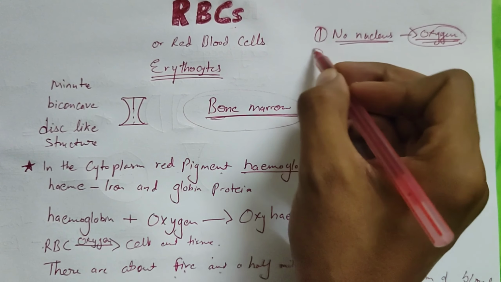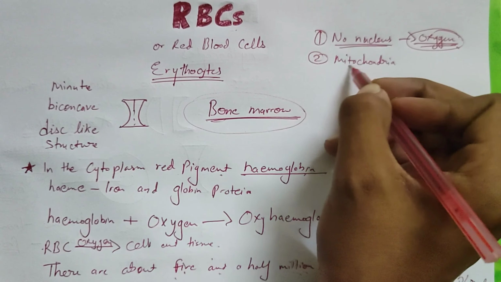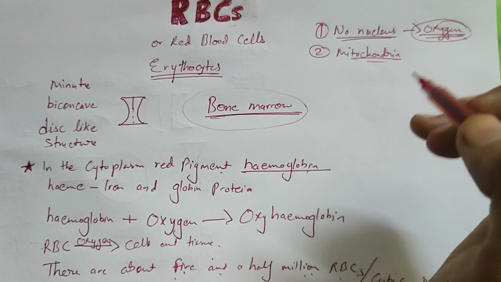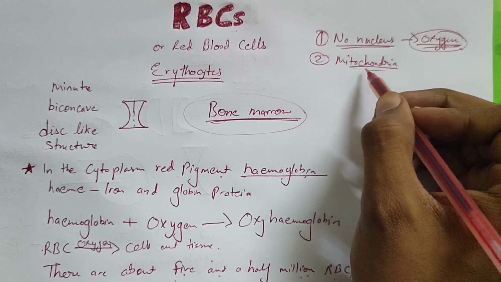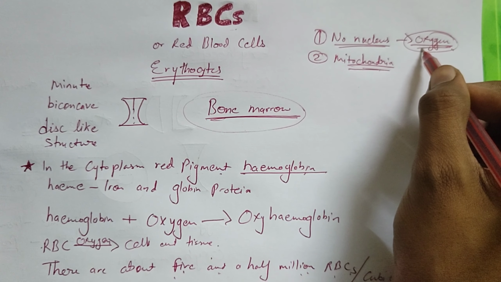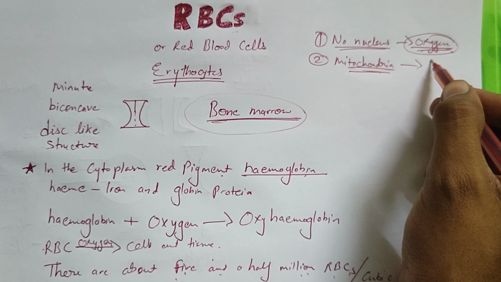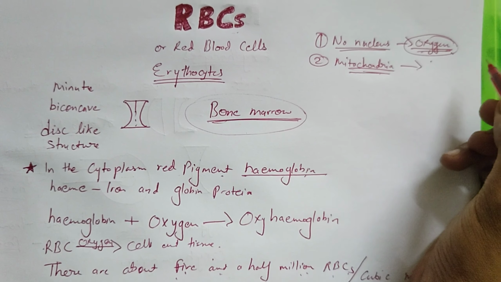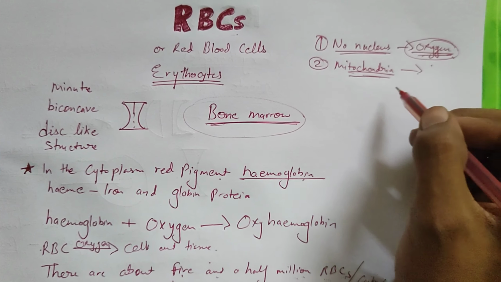Second, it has no mitochondria. So mitochondria will not require any energy or oxygen for themselves. The cell will only transport the oxygen to other parts of the body, other cells in the body, but not for itself.